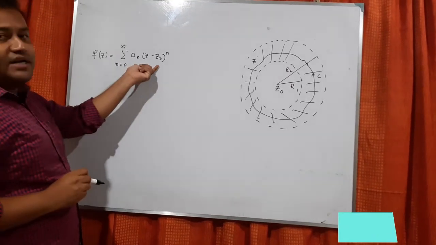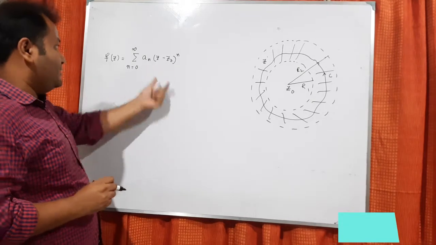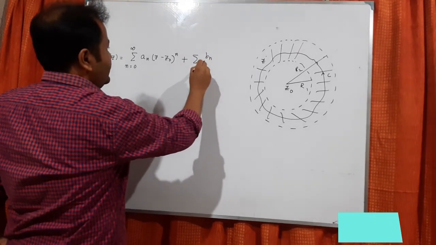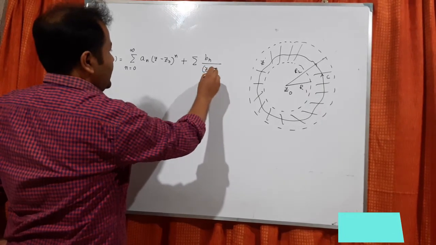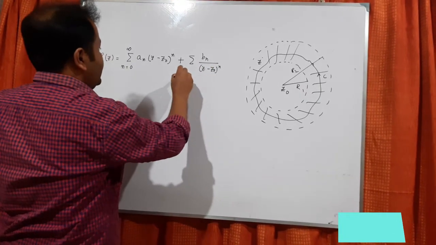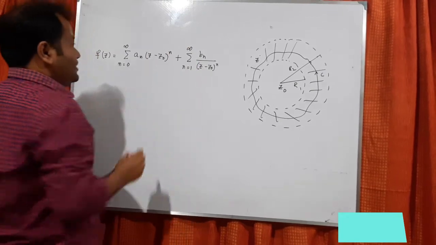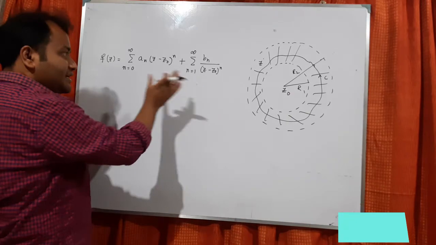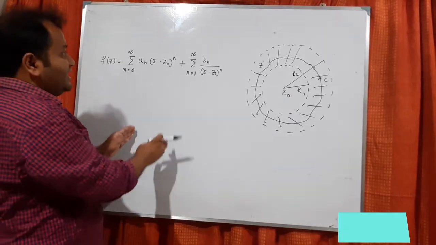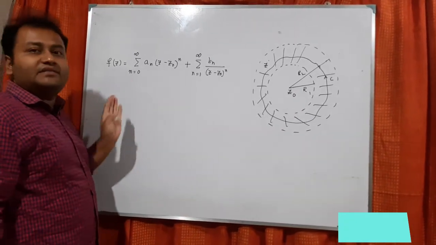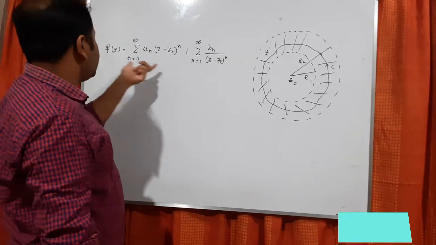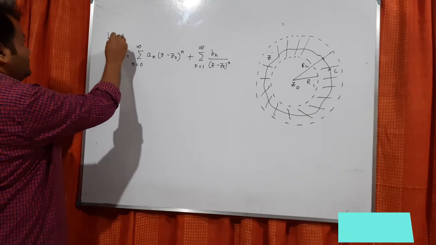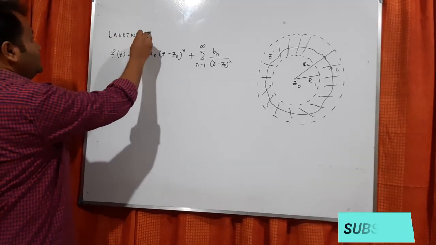So this portion is the Taylor series which we have written, plus summation b_n by (z minus z0) power n, n equals 1 to infinity. Now with the Taylor series we are adding another infinite series. So this is basically the combination of two different series. This kind of series is called Laurent series.